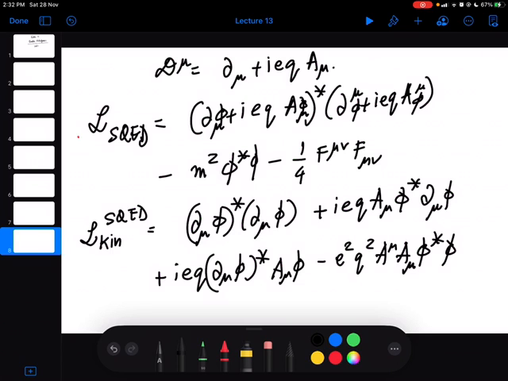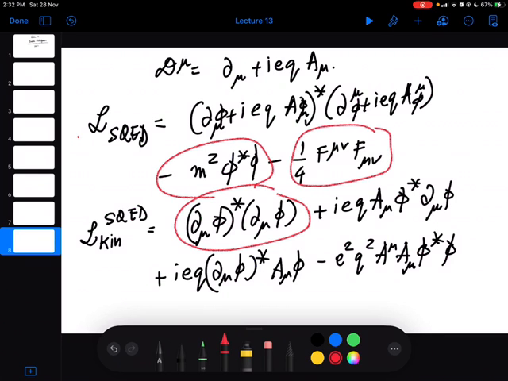And this is just the kinetic part. If I add these two parts, they are exactly like the Klein-Gordon equation, and this part is the pure electromagnetic equation for the photon fields.